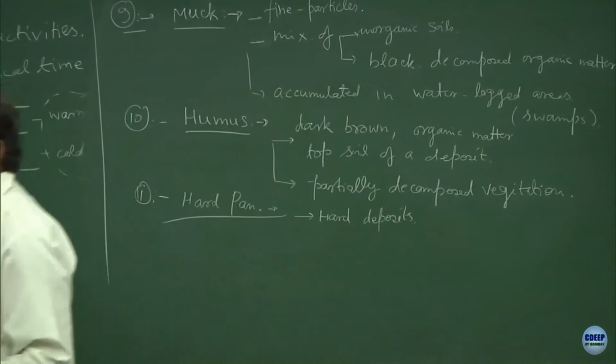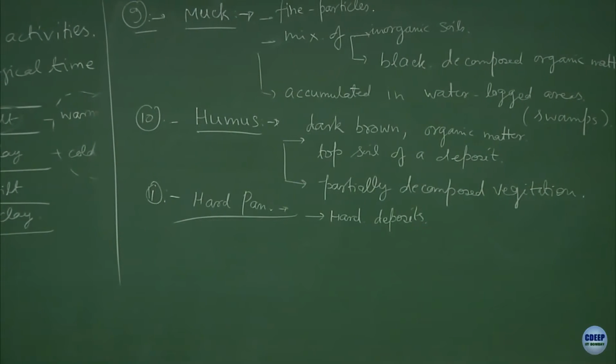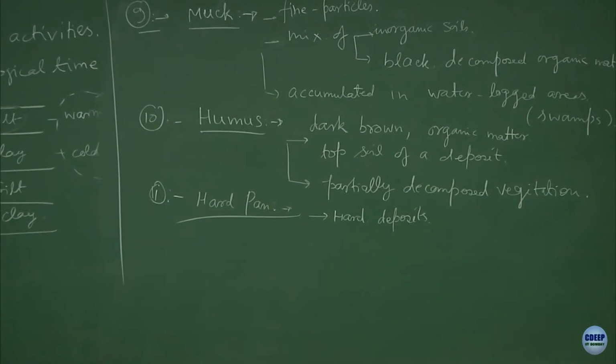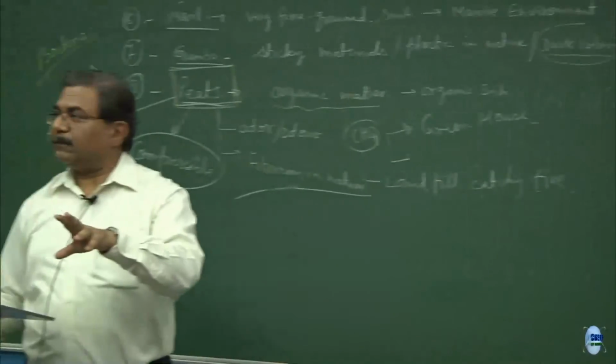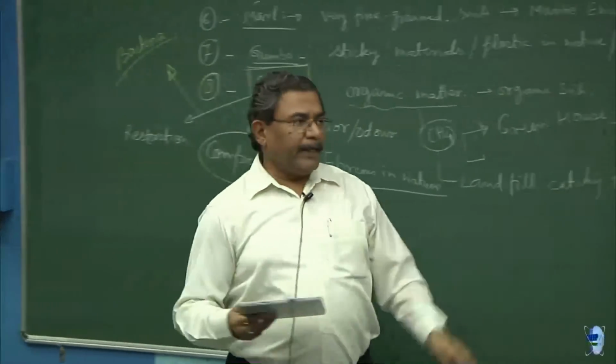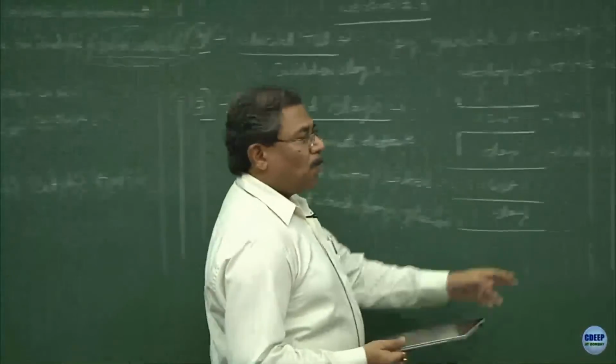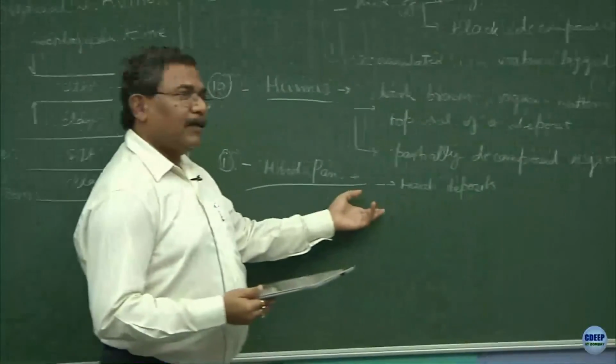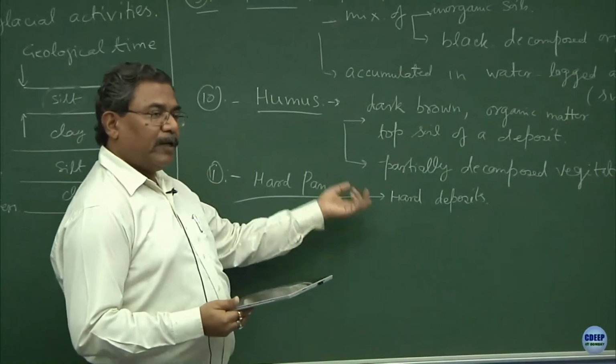Later on you will study one of the tests to confirm whether a material is soil or rock, which is to take a small sample and soak it in water. If it disintegrates over 72 hours, it falls in the category of soils. If it does not, it falls in the category of rocks.